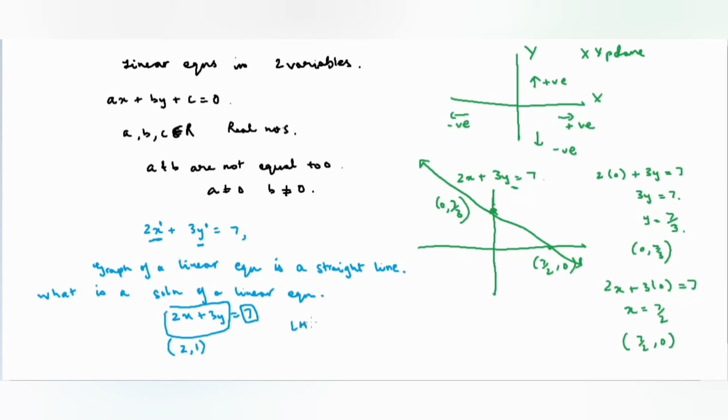So LHS is 2 into 2 plus 3 into 1, so equal to 7. RHS is equal to 7. So here we see LHS is equal to RHS. Since we are getting LHS equal to RHS, this implies that (2, 1) is a solution of this linear equation.